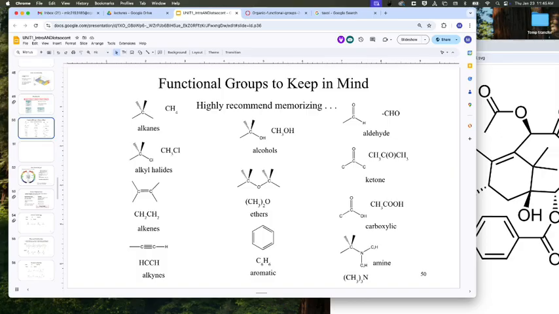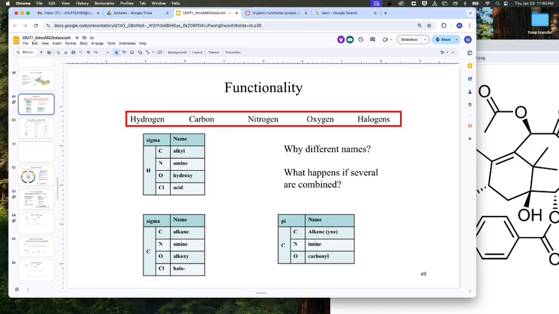No, because it's not a functional group on its own. Depending on what I connect to that carbon, that changes the identity of the chemistry. And because the chemistry changes, the name changes.